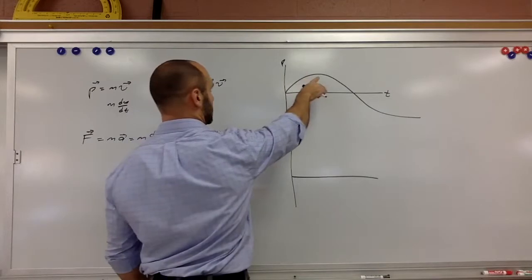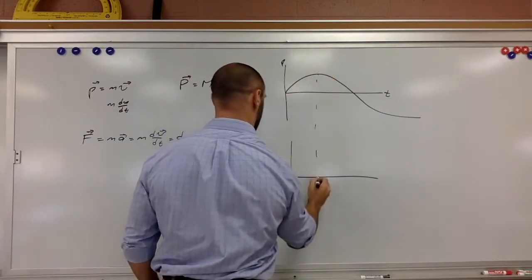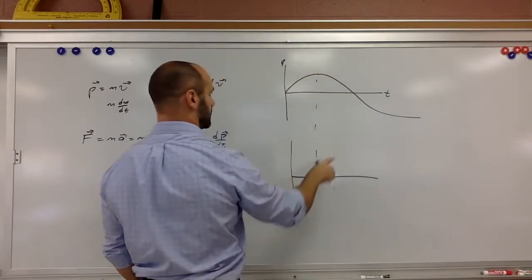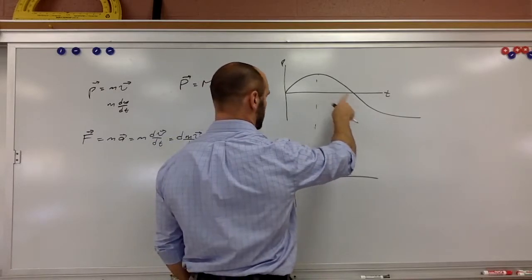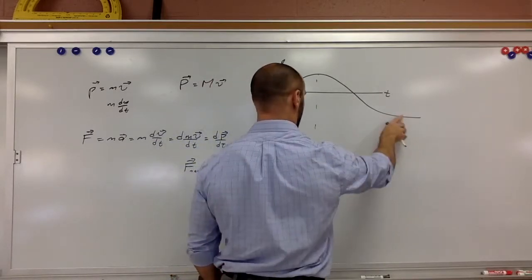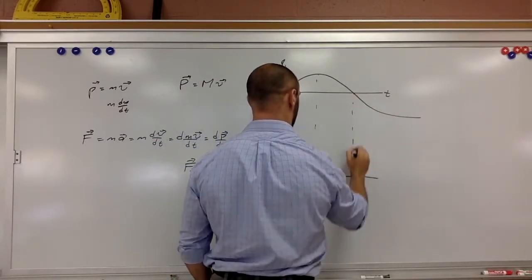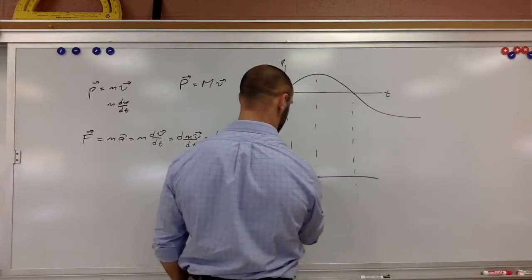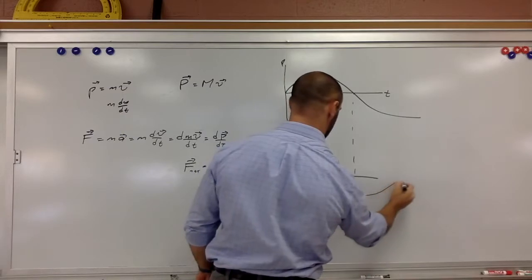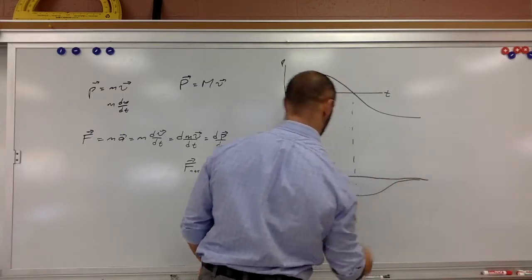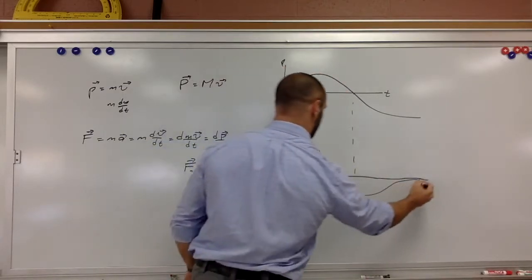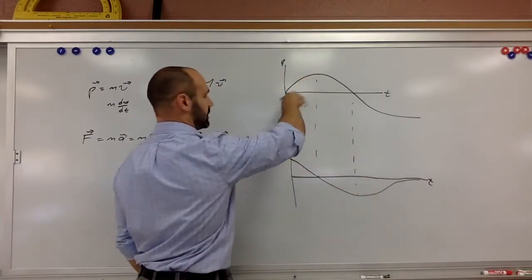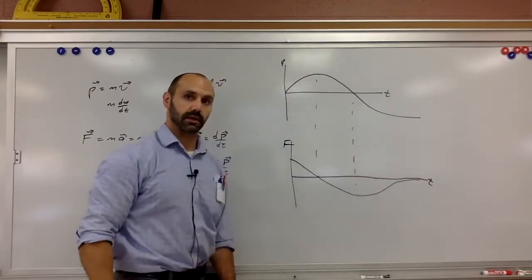This is positive slope, this is the place where the slope is 0, and then it's negative, reaches the most negative, and then goes to 0. This is what the force-time graph would look like given this momentum-time graph.